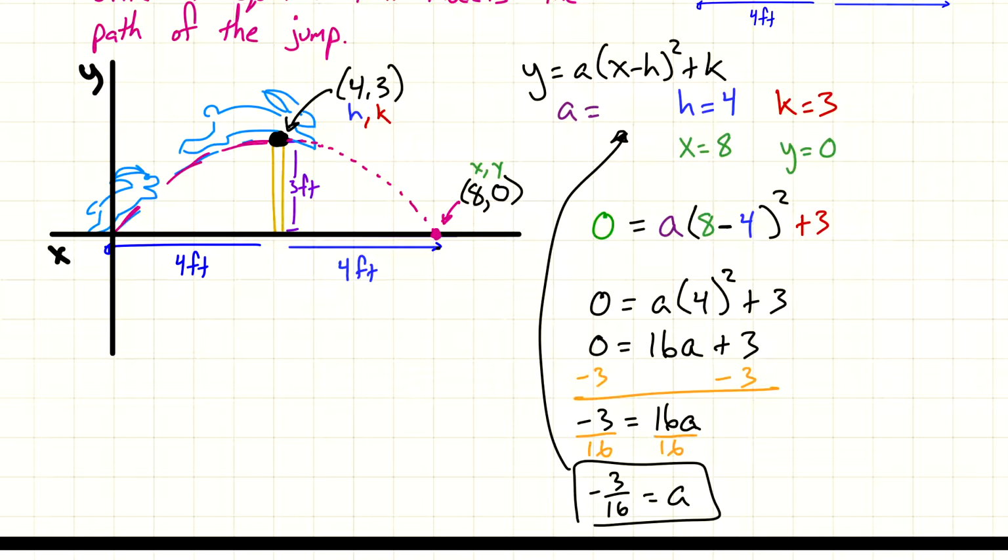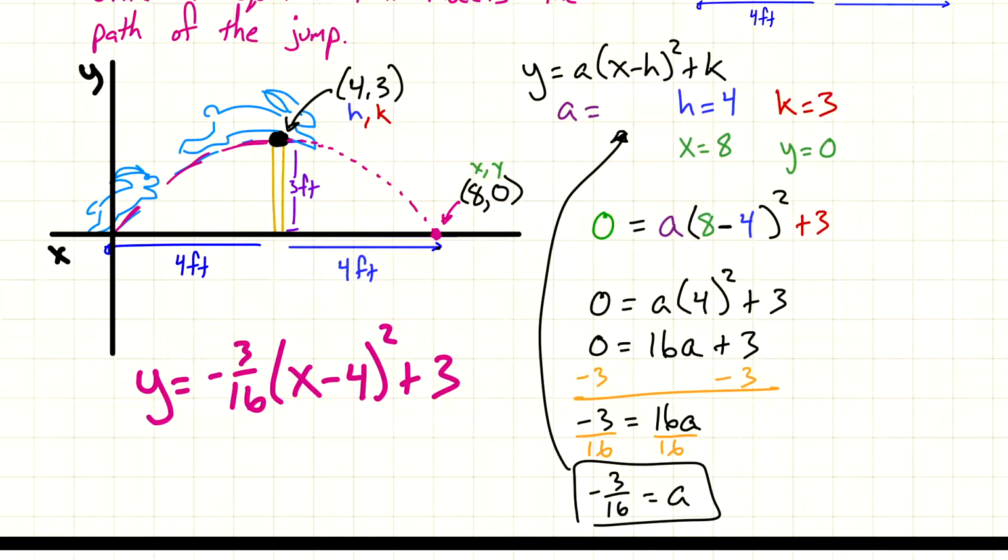And so our equation is going to be, we're going back to leaving the x's and y's. So this is going to be y equals our a value, which is negative 3 over 16, times x minus h, so this is going to be x minus 4 squared plus 3.